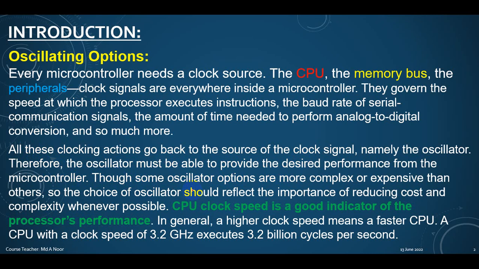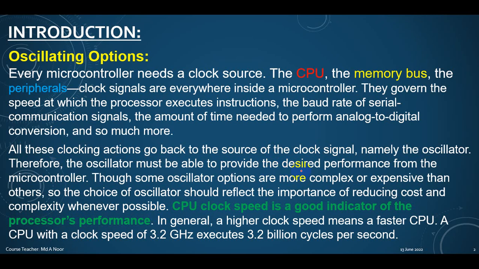Some oscillator options are more complex or expensive than others, so the choice of oscillator should reflect the importance of reducing cost and complexity whenever possible. Now, for a given microcontroller based system, there may be different sources of the clock or different oscillators that supply the clock. Which one you will pick depends on the cost and complexity.